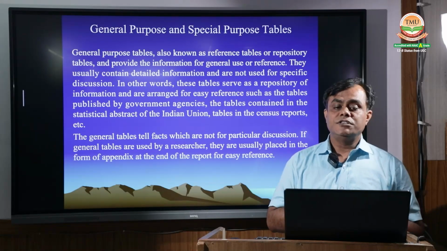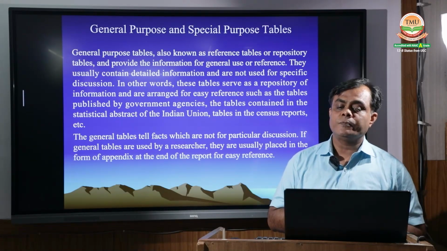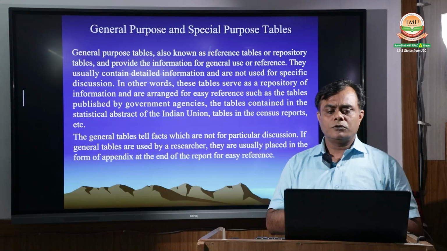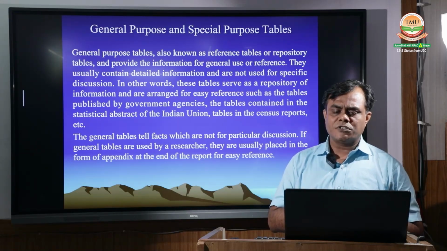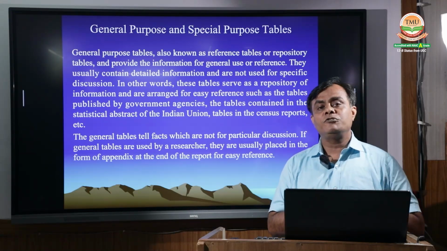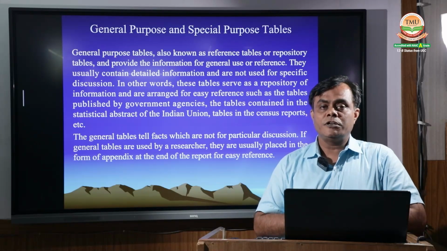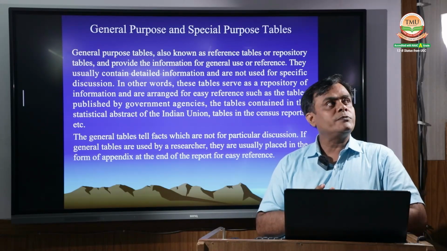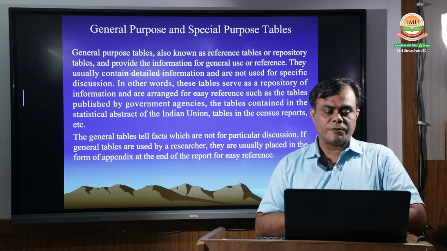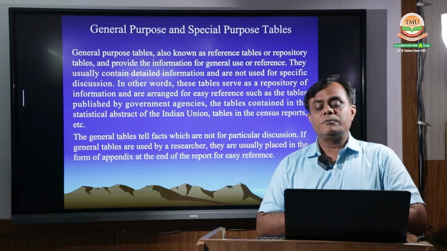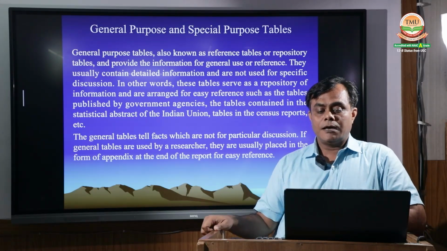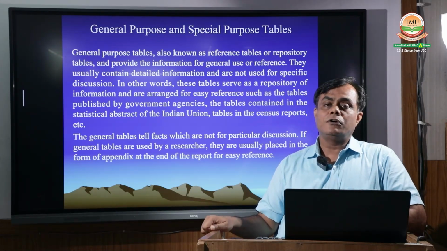Next is the general purpose and specific purpose table. As per the name, when you use a table for general information purposes, that is called a general purpose table. When you use a table for a specific purpose, that is called a specific purpose table. The general purpose table is also known as a reference table or repository table.